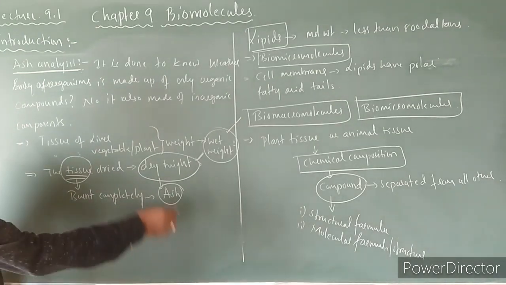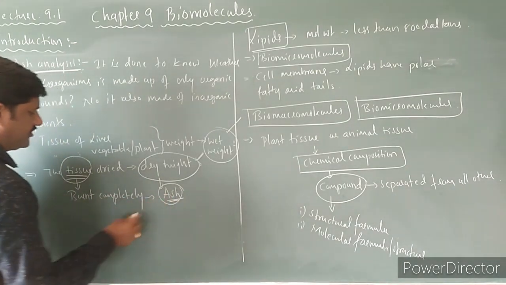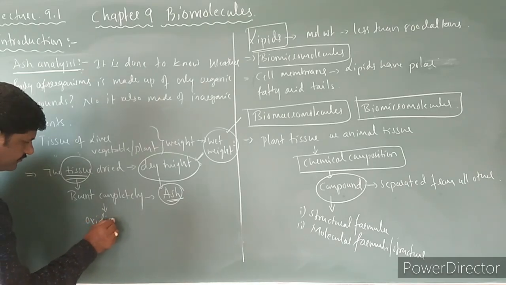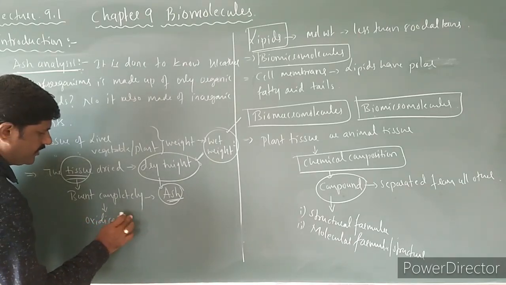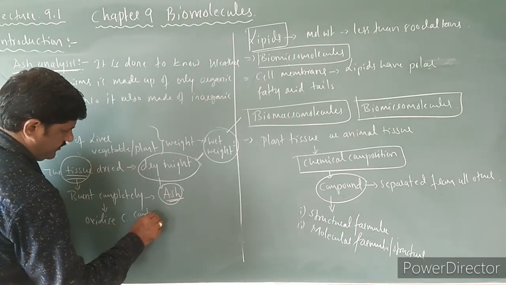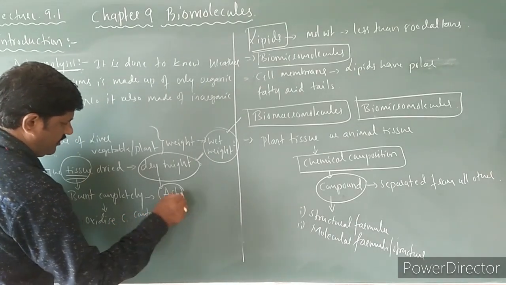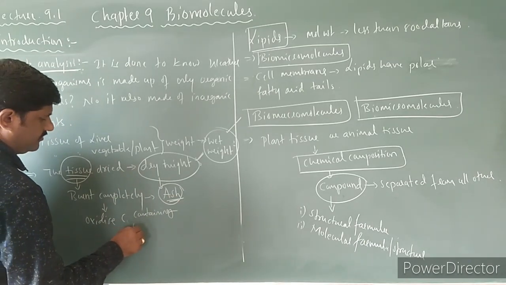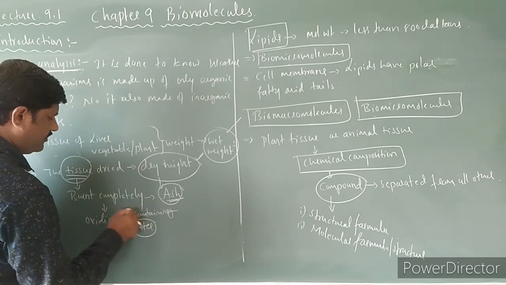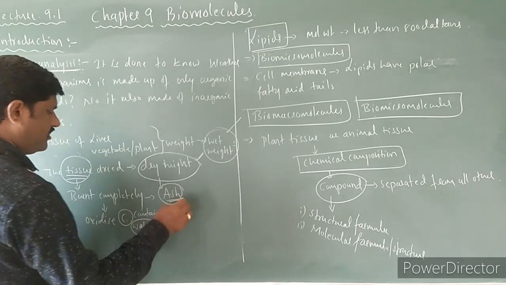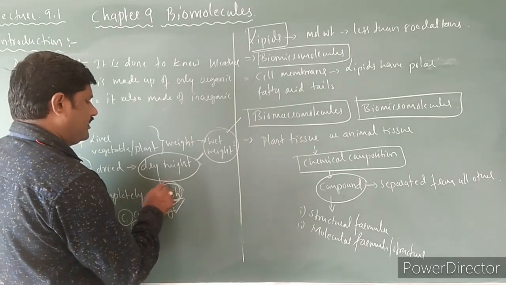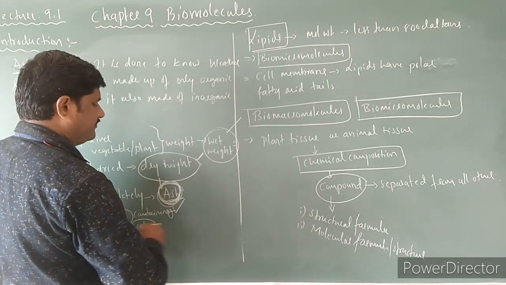Ash. Right? And during the ash formation, what happens? It oxidizes the carbon-containing aspects along with the water. So all these oxidize over here, and ultimately we get the ash.